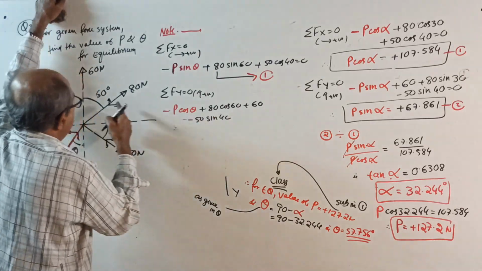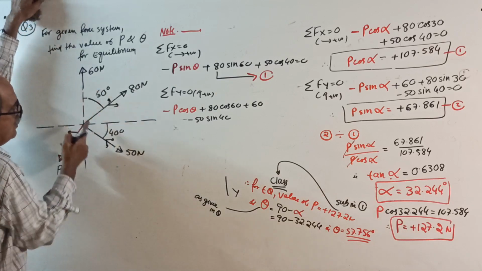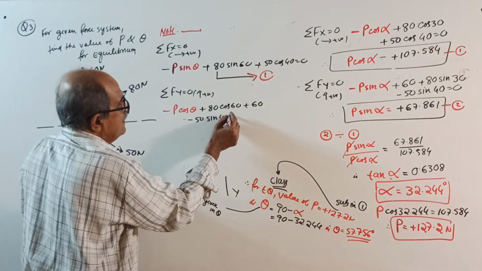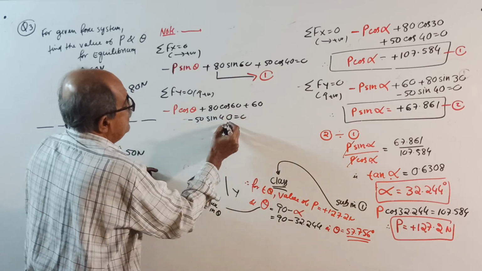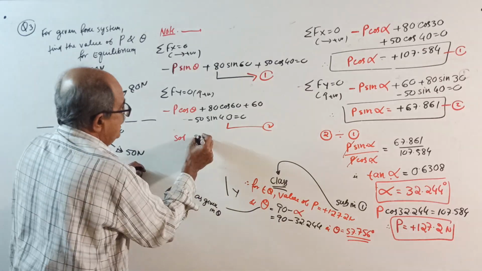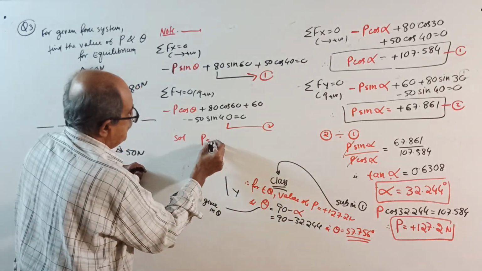See, for 80 this is cos, for 50 this is sin. Some students will say, no sir, what you did earlier is better. Okay, equal to 0. You simplify. This is equation number 2. Solve 1 and 2. My guarantee, P will come plus 120.